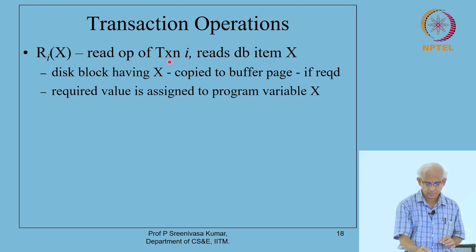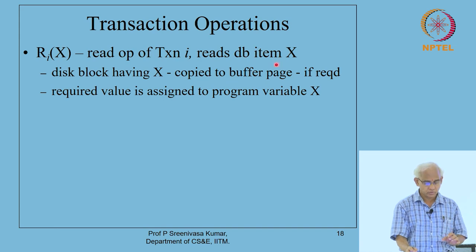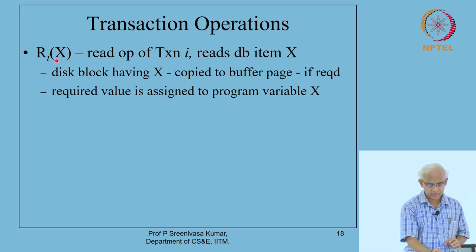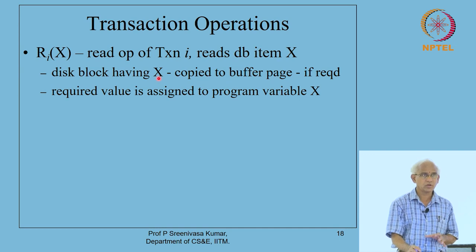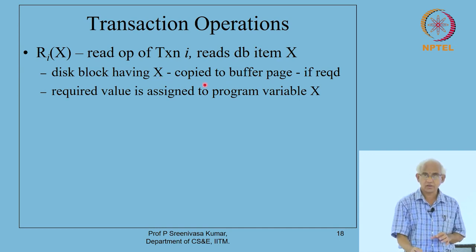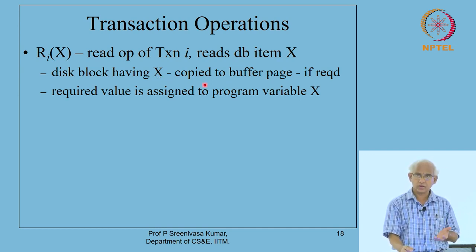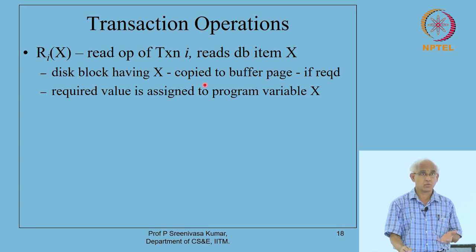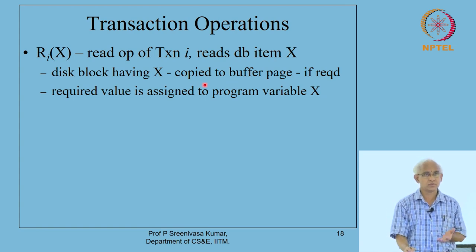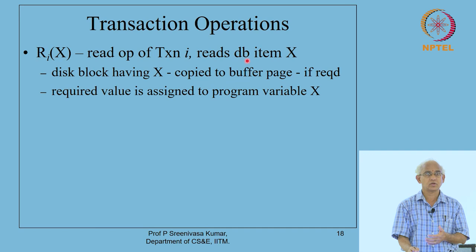What exactly happens when you do a read X is that the disk block having this particular item X is copied to the buffer page from the disk if required. It's possible that some other transaction has requested the same item a little earlier, and so the page is already lying in memory. If it is required, it will be brought from the disk to the buffer space.